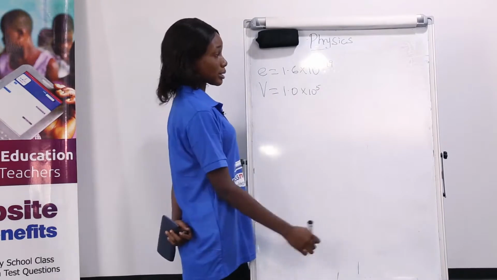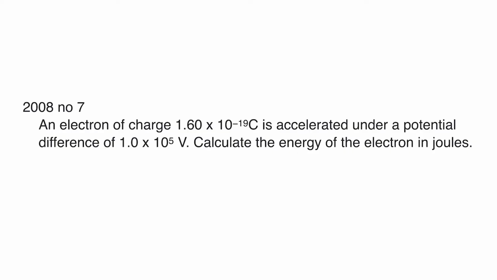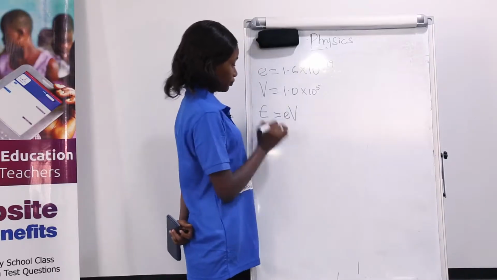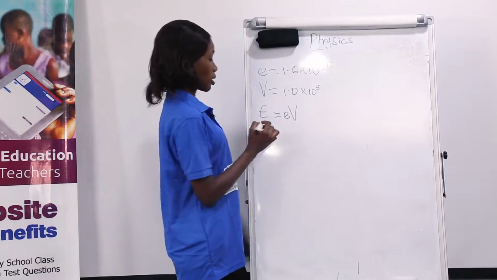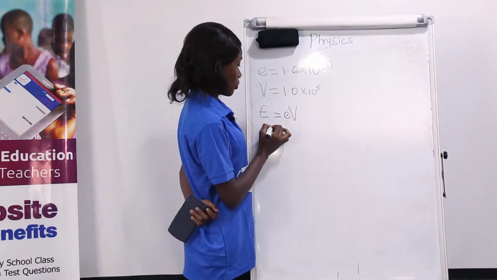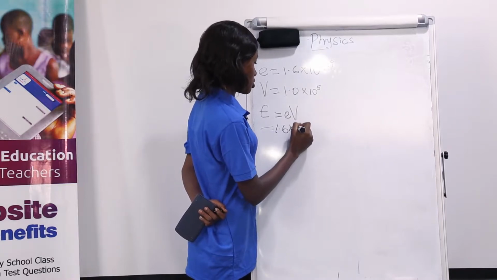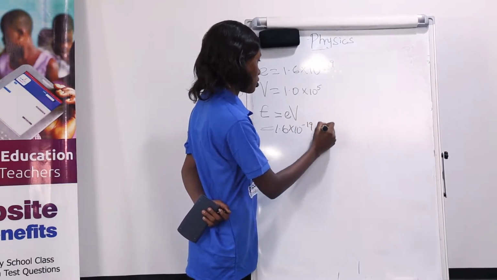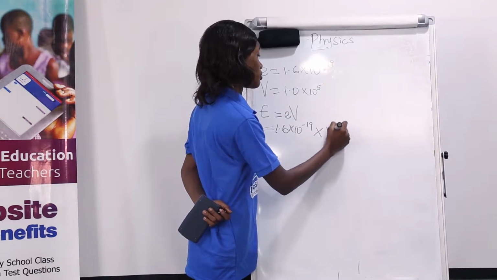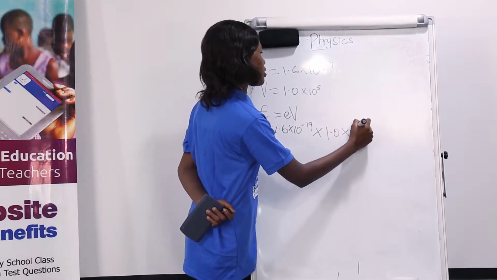But to calculate the energy of the electron in joules, our big E equals small e times V. That is our electron charge multiplied by our potential difference. It is 1.6 times 10 raised to the power minus 19 times 1.0 times 10 raised to the power 5.